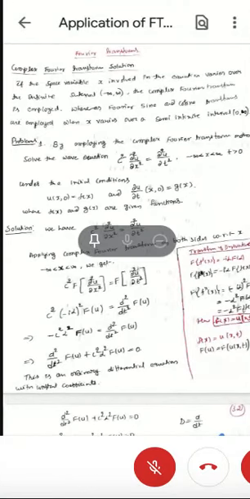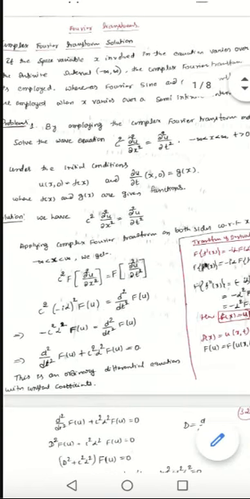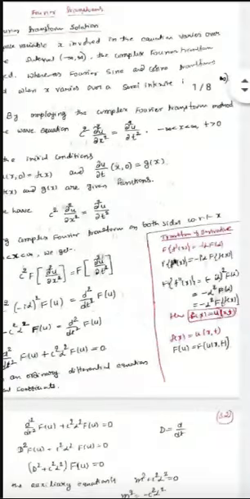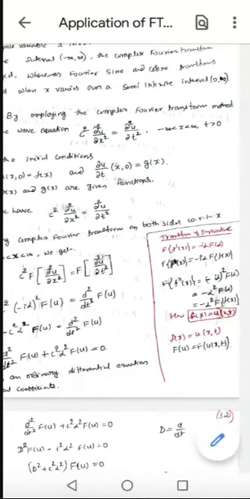Okay, here also c square into ∂²u/∂x² is equal to ∂²u/∂t². It's a wave equation, and we are going to solve this one by using the Fourier transform. The x condition is that x is between minus infinity and plus infinity, and t must be positive.